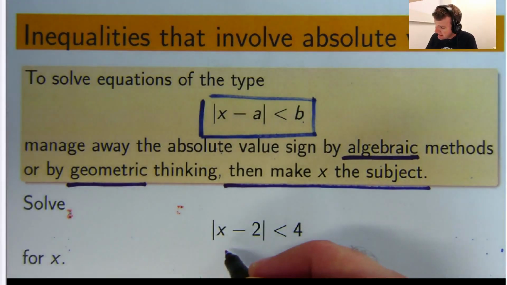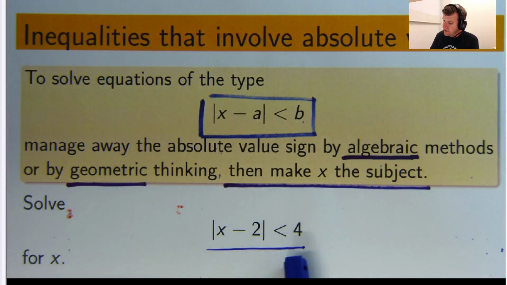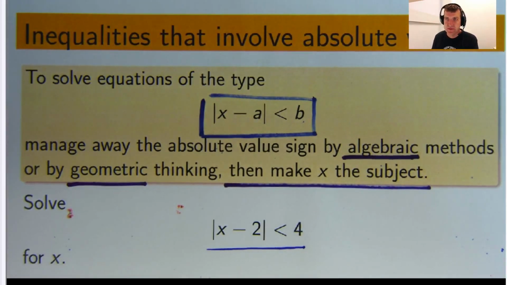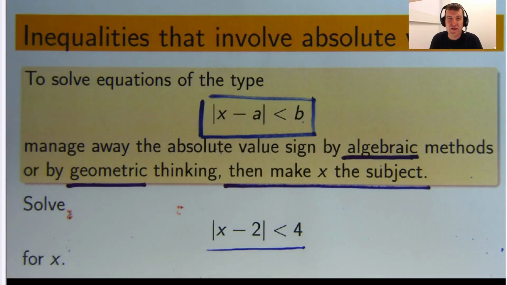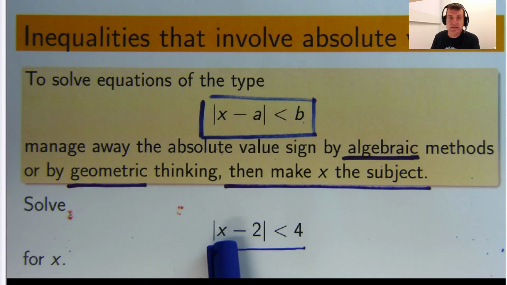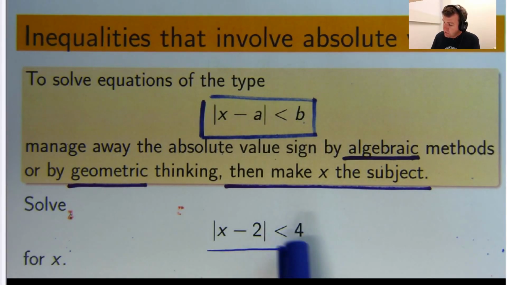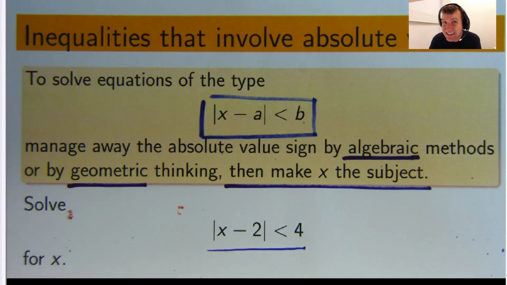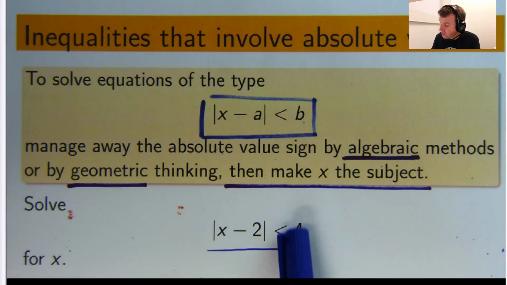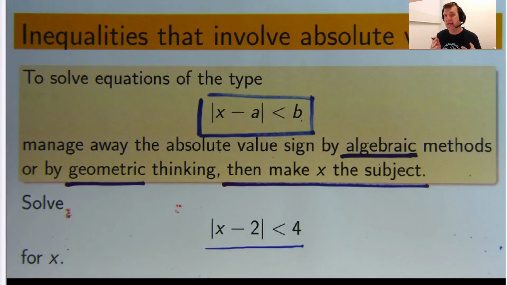Here is a standard question. Solve this inequality for x. Now, what does this inequality actually mean? Well, what we're looking for are the points x that lie less than 4 units away from the number 2. Remember, absolute value has to do with distance.